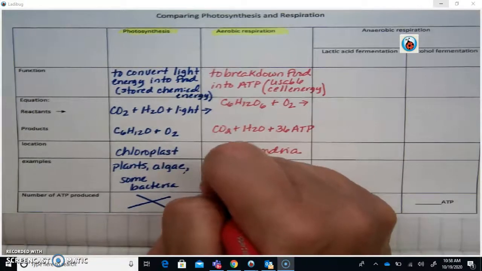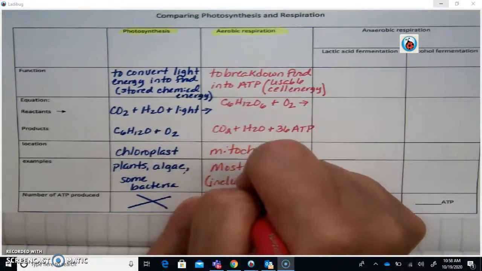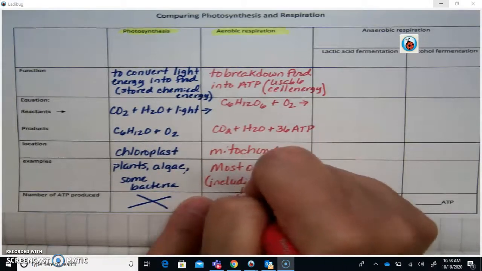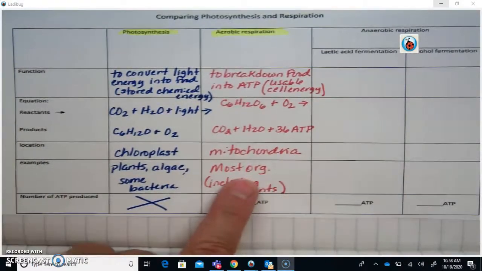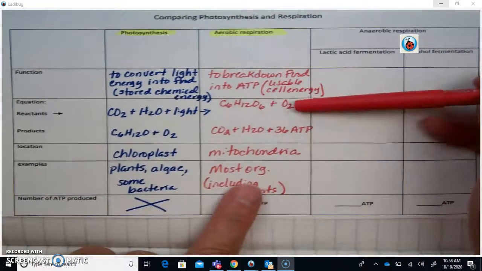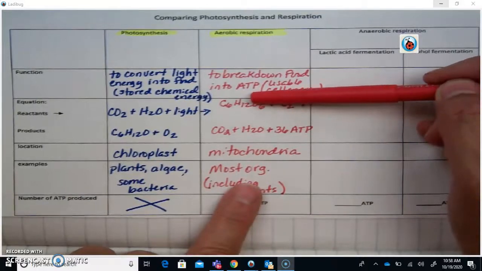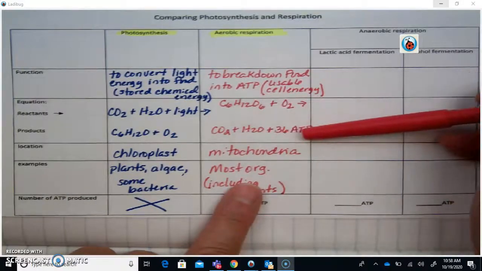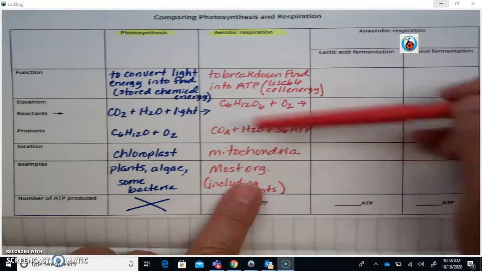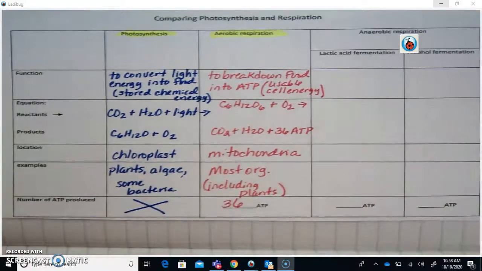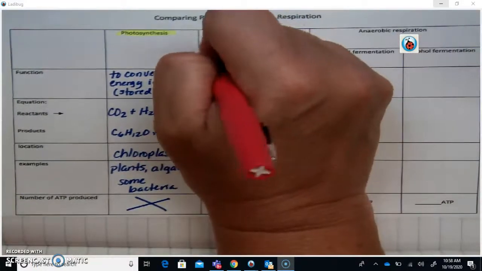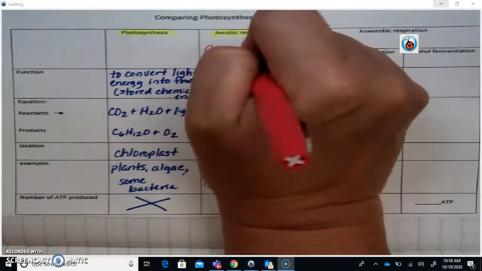So most organisms are going to use oxygen to break down their food, again, to get ATP, usable cell energy. So it's an energy conversion. So again, here's the overall equation of aerobic respiration. Again, it requires oxygen.